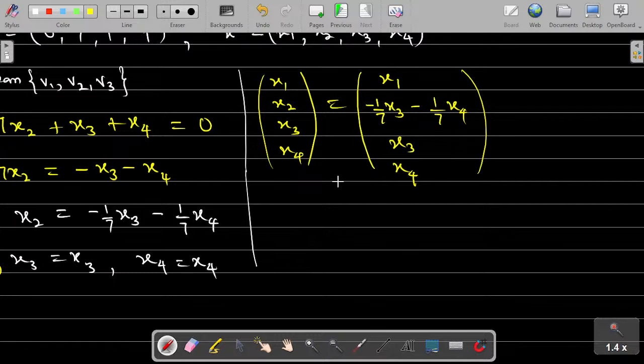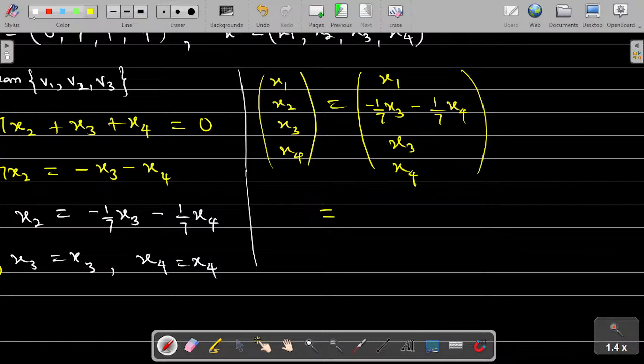In breaking it into vectors, let's see now. How many variables do we have here? That will tell the number of vectors we are going to get. We have 1, 2, 3. That's 3 free variables.